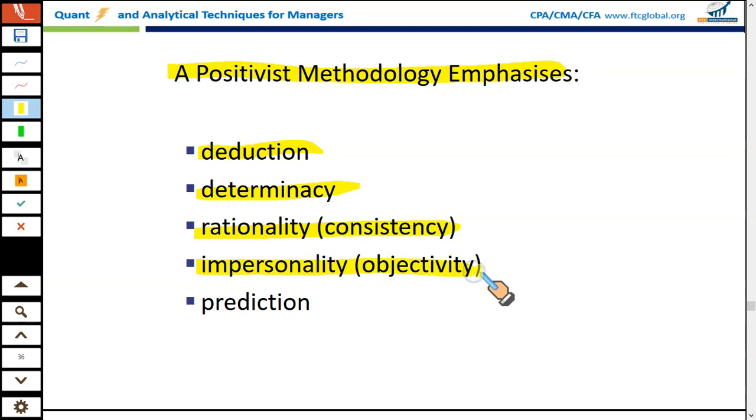Impersonality or objectivity. It says that keeping your personal biases out of the research ensures that the findings are based purely on the data and not influenced by the researcher's feelings or opinions. For example, I have some very serious bias towards a certain nationality.